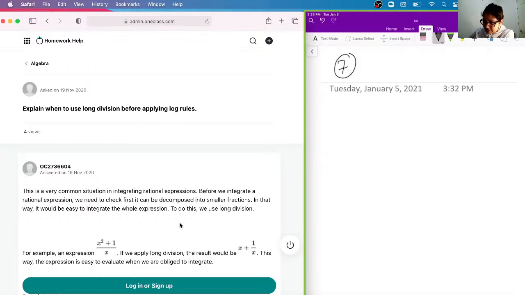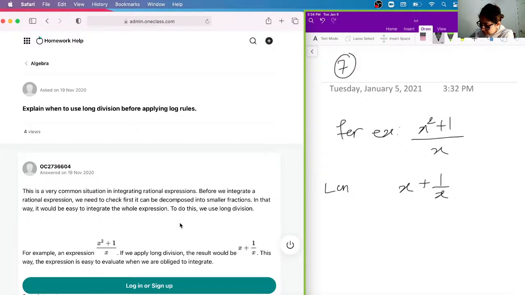So for example, let's say we have the expression x squared plus 1 all over x. If we apply long division, if you just divide this whole expression by x, you would just have x plus 1 over x.